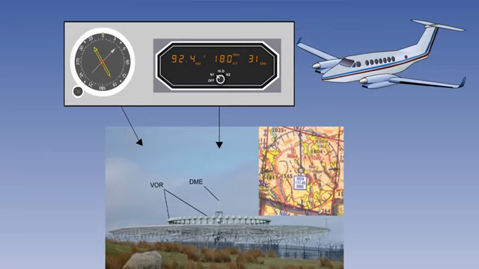To facilitate and speed up frequency selection and to reduce the pilot's workload, VORs may be frequency paired with a DME or TACAN installation. So, when the VOR frequency is selected, the DME is also selected.